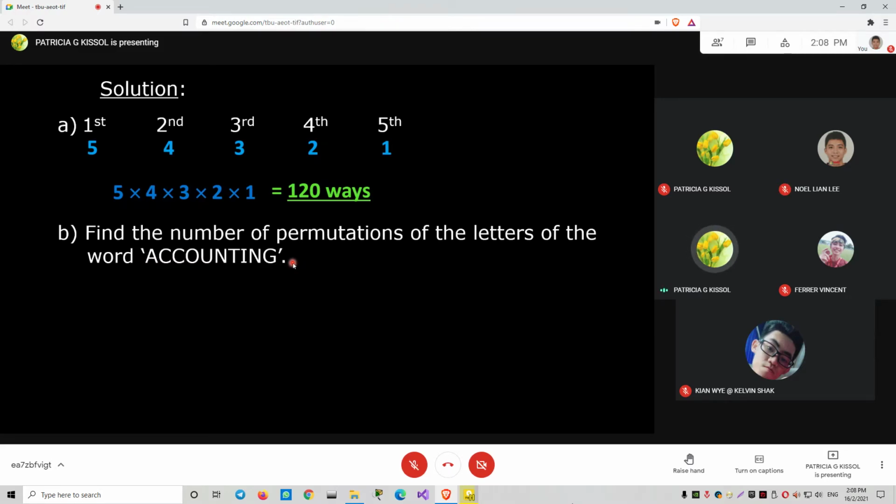So to find out the number of permutations, from the word accounting, there are 10 letters, and it's simply 10 factorial divided by 2 factorial, corresponding to the 2 C's, and another 2 factorial corresponding to the 2 N's. Yeah, there are 2 N's here.